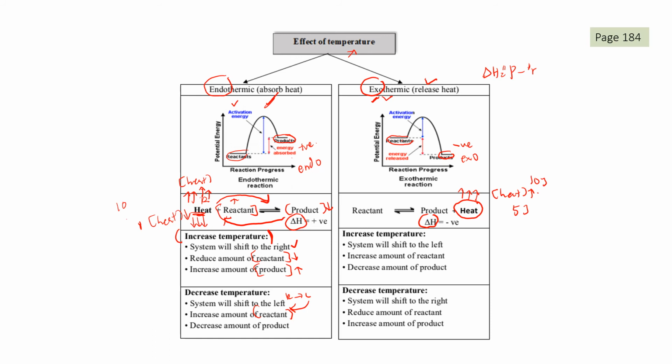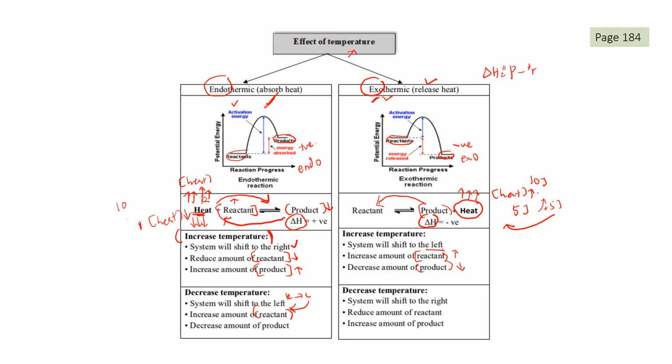The added 5 joule yang awak tambah ni akan kena remove dengan cara tukarkan dia untuk menjadi reactants. Sebab tu dia akan shift from right to left ke kiri sini.